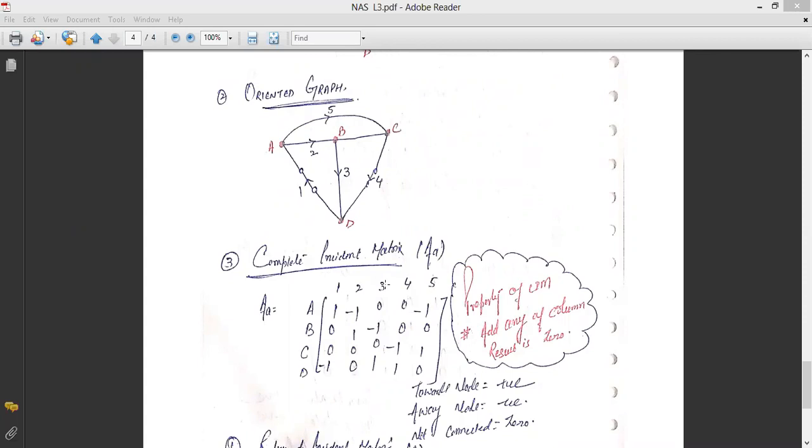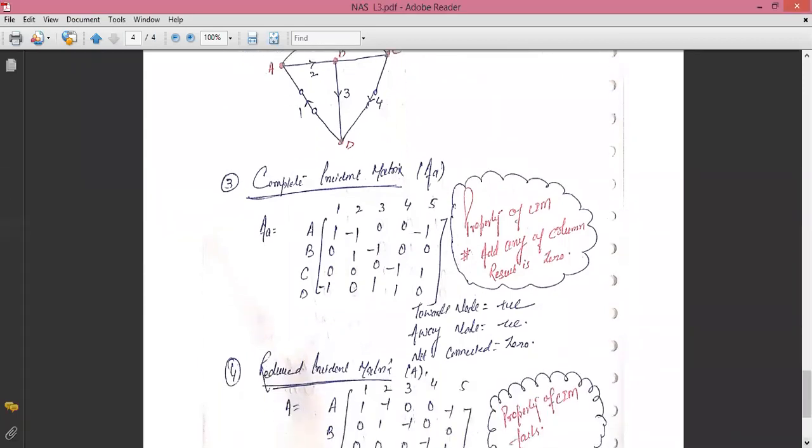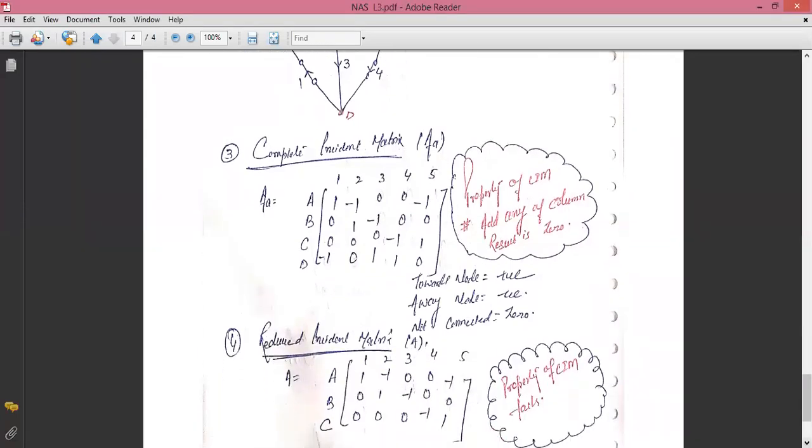Clear? Now the last stage is that from the complete incident matrix, we get a reduced incident matrix. How? You can delete the last row of the CIM. In our CIM there are a total of 4 rows, that is A, B, C, D, and in the reduced incident matrix there are only 3 rows.